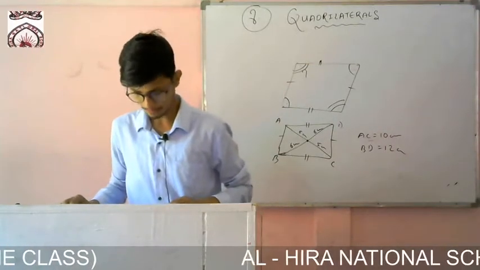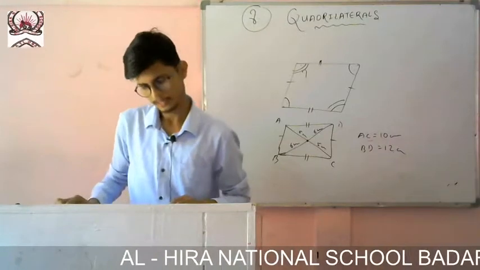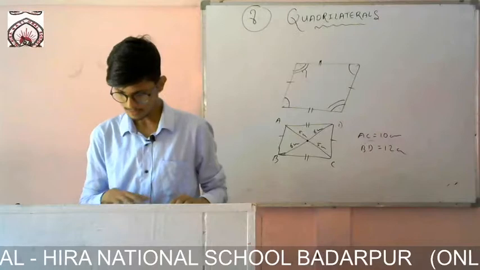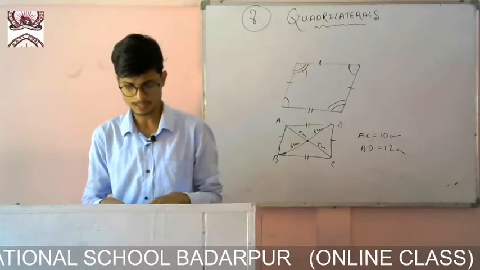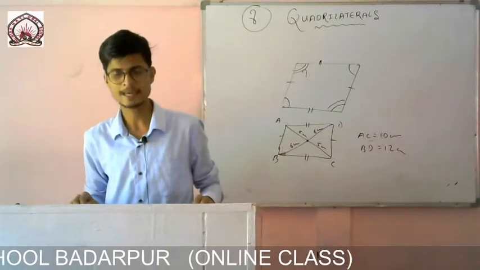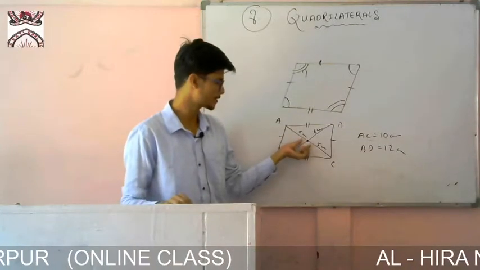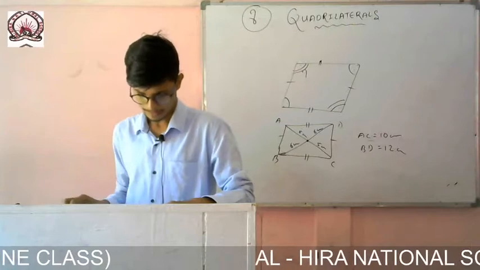Diagonals of a parallelogram bisect each other. If the diagonals of a quadrilateral bisect each other, then it is a parallelogram. And here all the sums are related to parallelogram. If the diagonals bisect each other equally, then we can say that yes, it is a parallelogram.